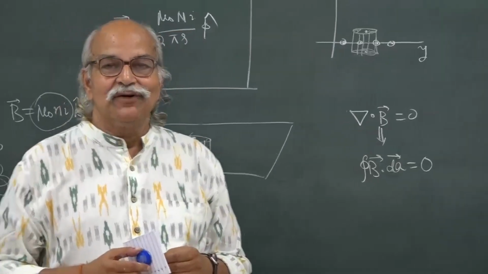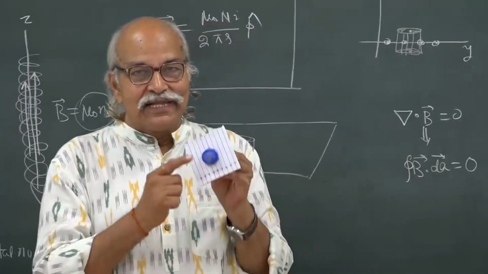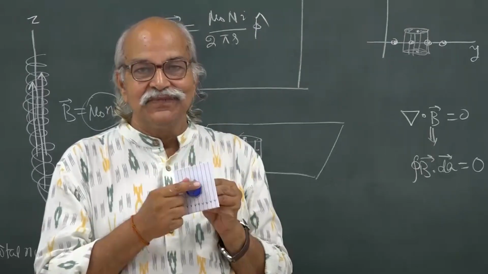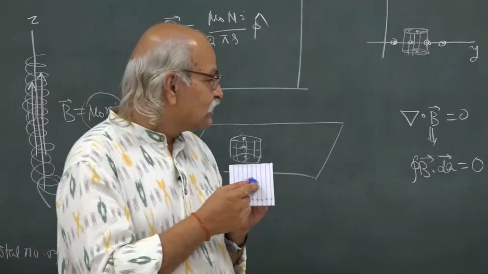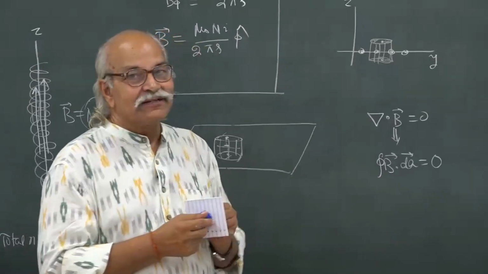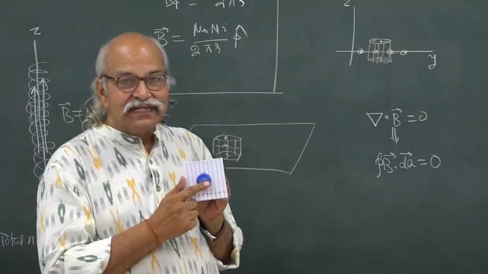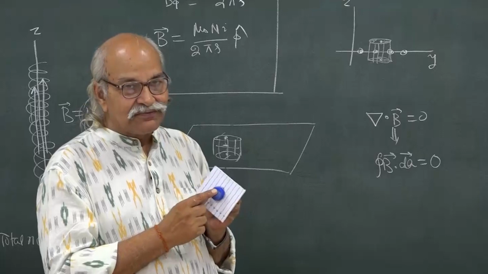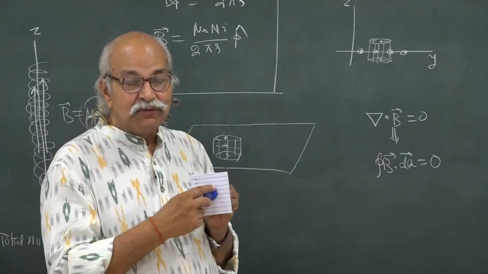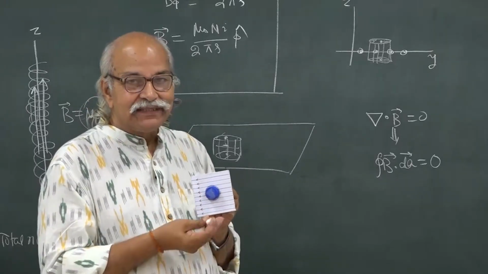On this cylindrical surface we will be considering this quantity B dot dA. What is the direction of dA here? This direction will be the outward normal, and that is this direction.